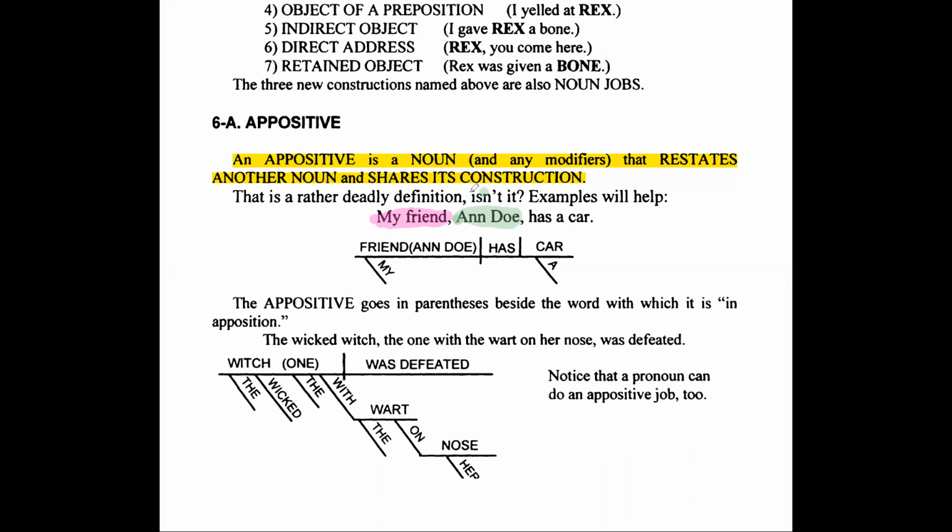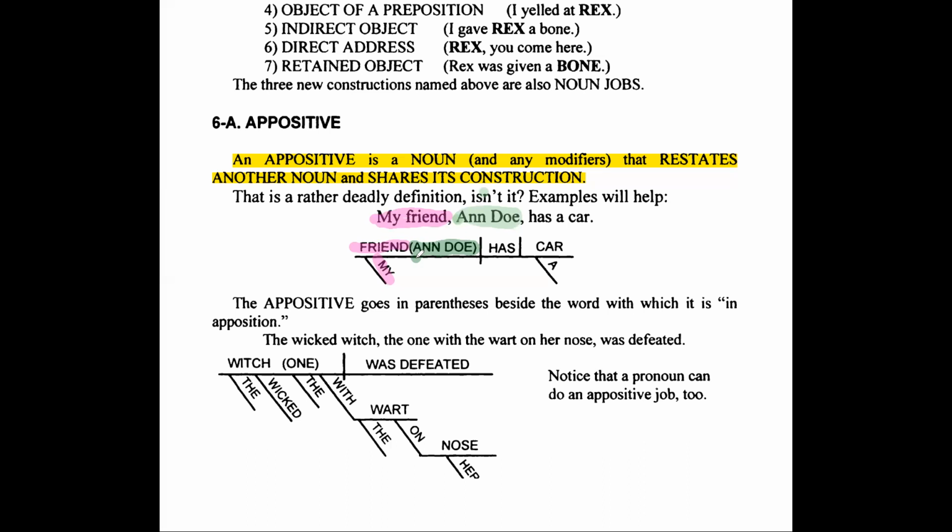So if we look at how we diagram this, friend, right? There's the original noun and its modifier. But then we have Ando. And Ando, we're going to put in parentheses next to friend, because it's just restating it. So you see that it's in the same place in the sentence diagram as the original noun. It's like it's in the subject place, right?